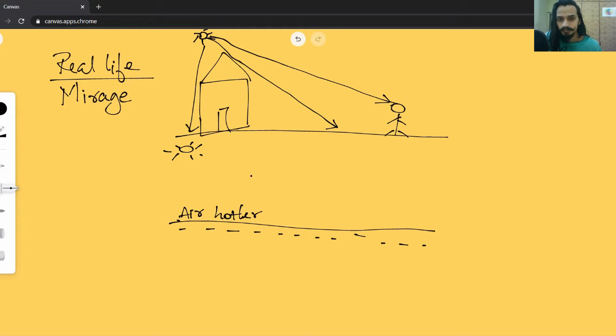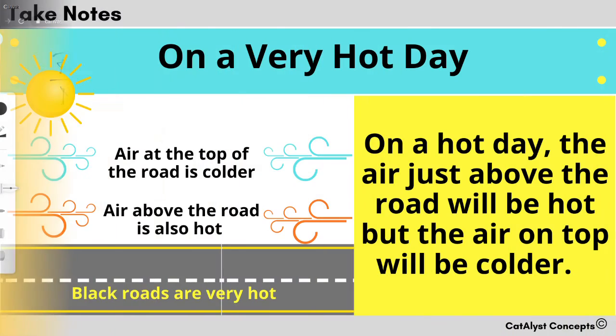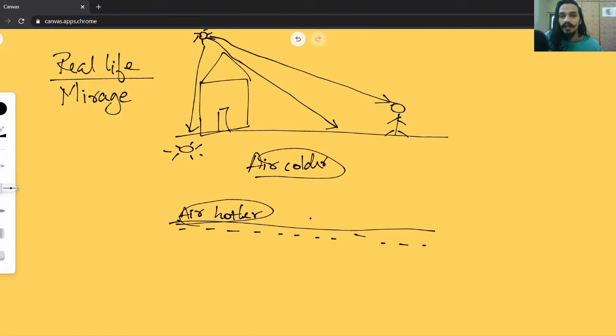And the air that is up there on the top will be slightly colder. There's a constant convection of air getting hot here and going up, and colder air coming down, but always over here the air is hotter and on the top the air is colder. Now, when air is hotter, it becomes less dense.